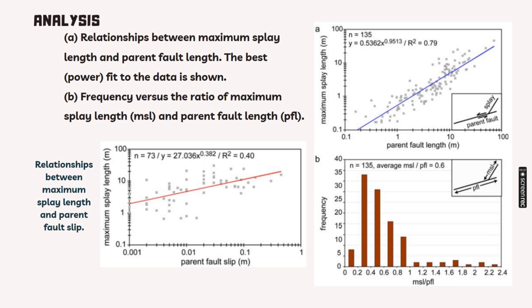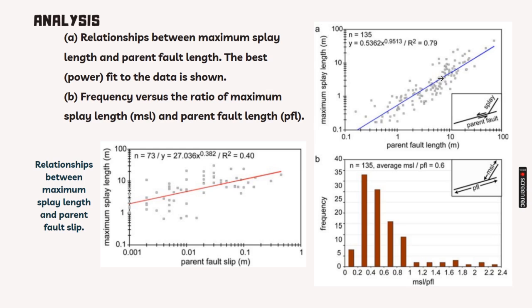So what you will do, you measure the length as much as possible, all splay lengths, and as you know the actual parent fault length, then you can plot all parent fault length versus maximum splay length. With reference to the major fault, different splays can have different lengths.